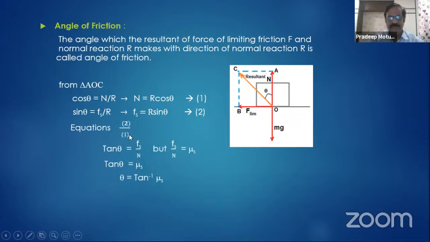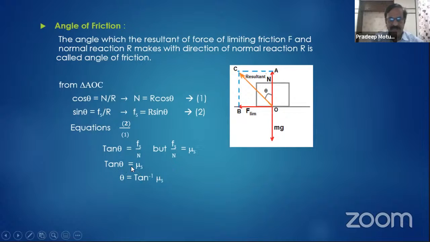Dividing equation 2 by 1, you get tan theta equal to Fs by N. But you know the friction is directly proportional to the normal reaction. From that you have Fs by N is equal to mu s. What is mu s? Mu s represents the coefficient of static friction.